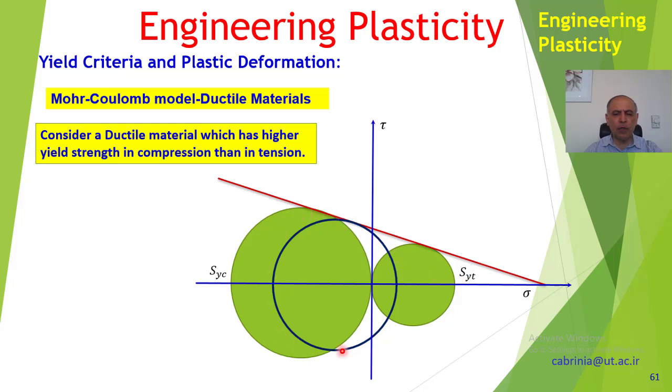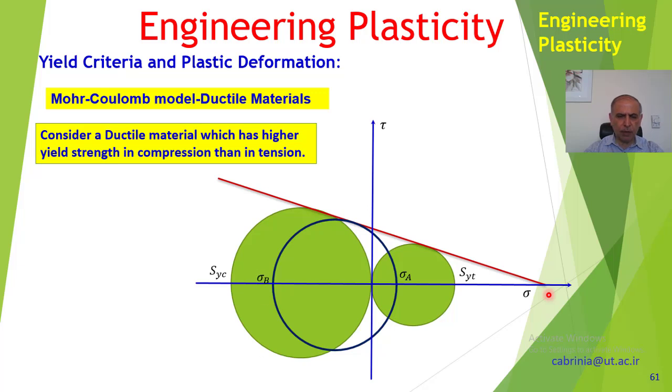But somewhere in between, a circle like this shows a loading condition for the material which has not yielded in compression or in tension. Okay, note that I have put it inside the envelope. This circle is not higher because that is the limit.